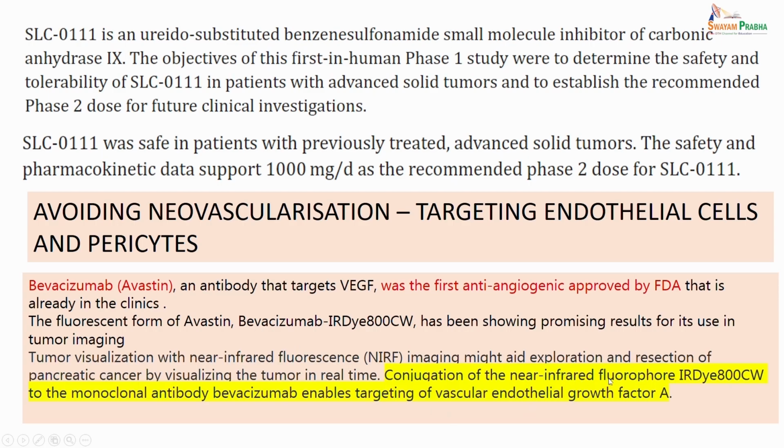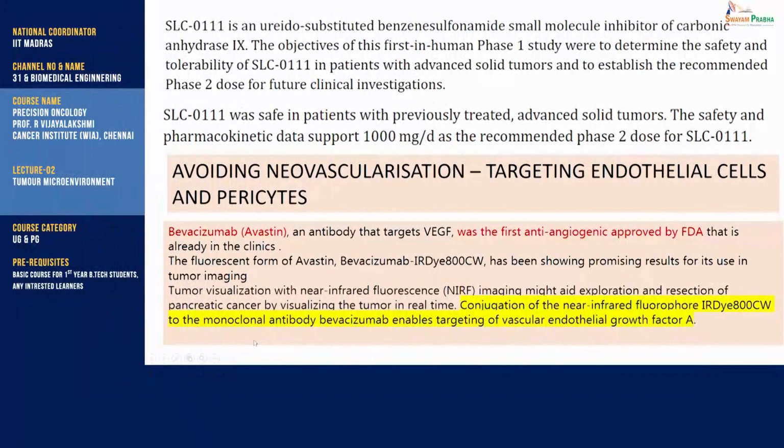Conjugation of the near infrared fluorophore, IRDye 800CW, with the monoclonal antibody bevacizumab enables targeting of the growth factor VEGF-A.